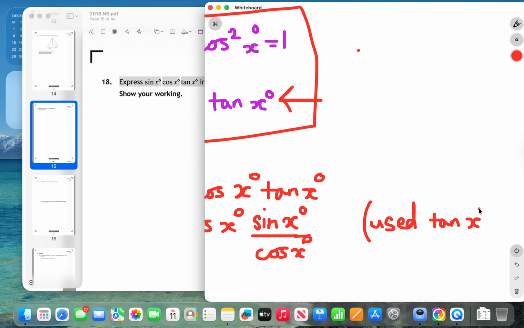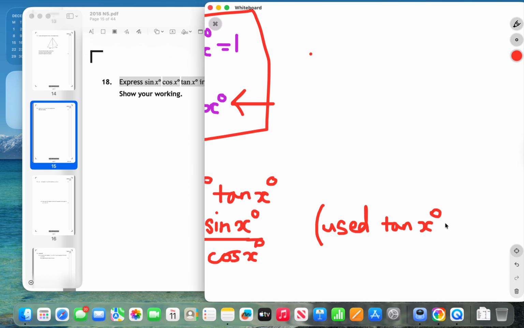And this lets them know that you've not just guessed it, that you know the identity in question. If you get one of these questions, please write down the two identities. The first one is sin x over cos x equals tan x. The second one is sin squared x plus cos squared x equals 1. And you want to write those down because chances are at least one of them, if not both, will be needed to answer the question.